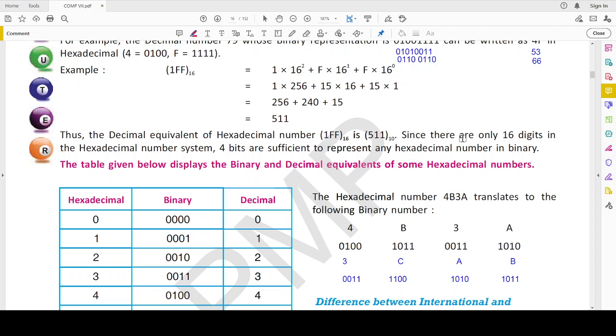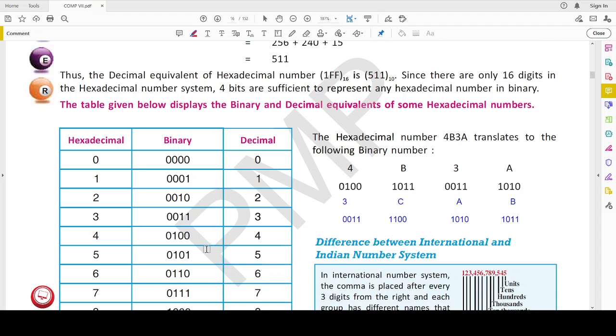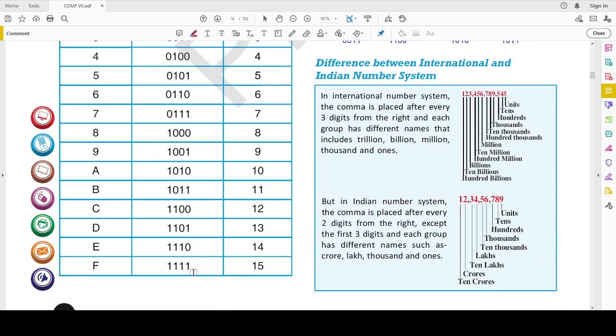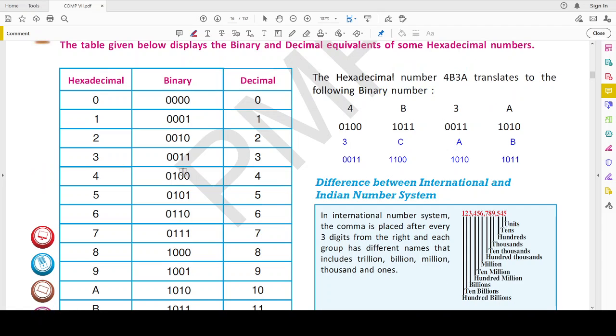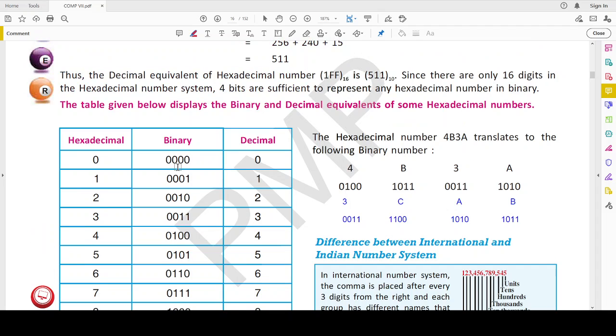Since there are only 16 digits in the hexadecimal number system, 4 bits are sufficient to represent any hexadecimal number in binary. You see there are 4 bits.